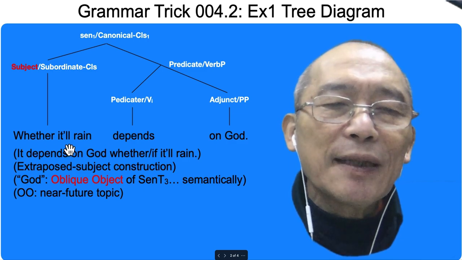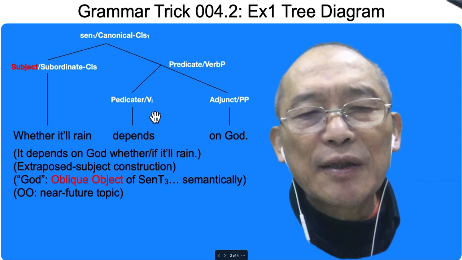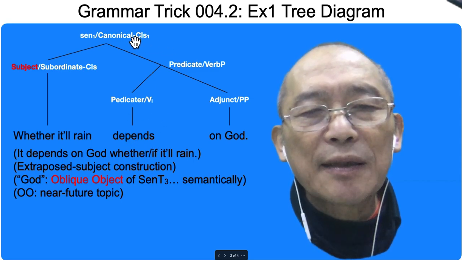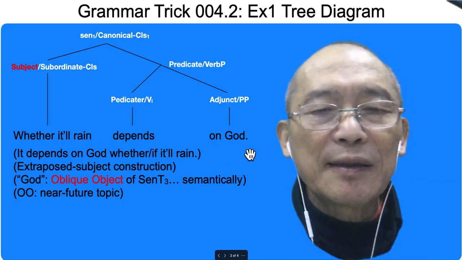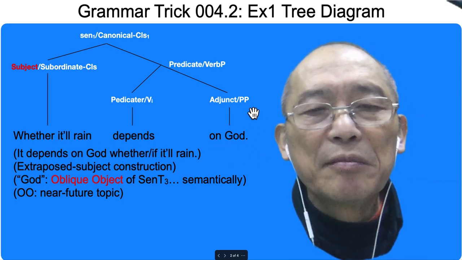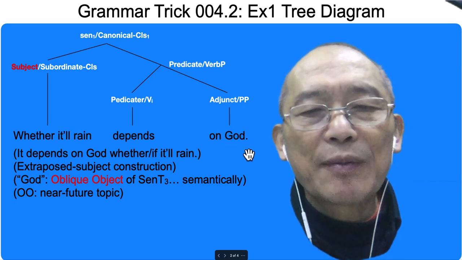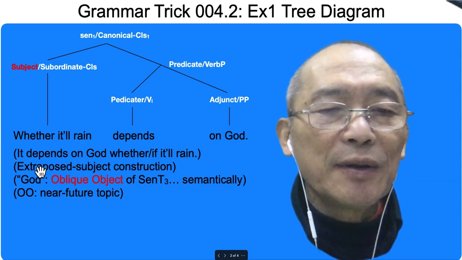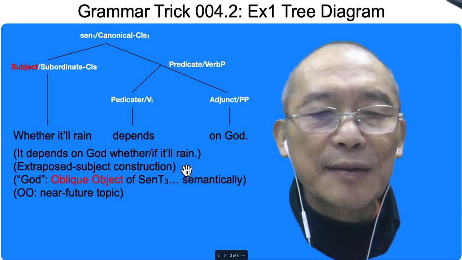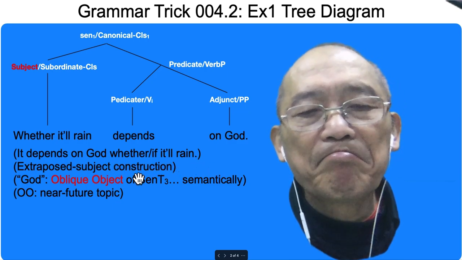Whether it rained is the subject. And this verb is the intransitive verb. So that's the type 1 sentence. And this is a modifier, an adjunct with the PP type, prepositional phrase type. And this sentence is equal to it depends on God whether it will rain, or it depends on God if it will rain.